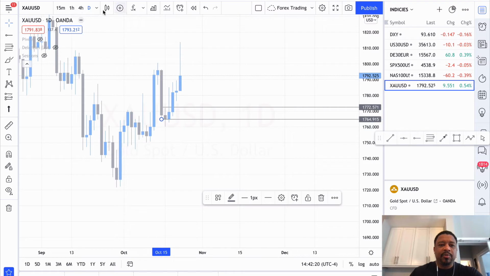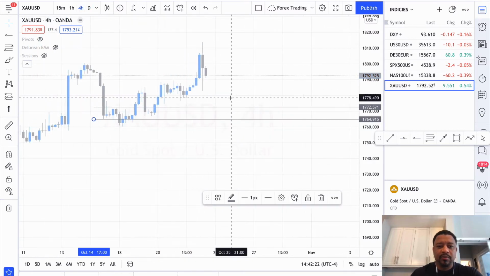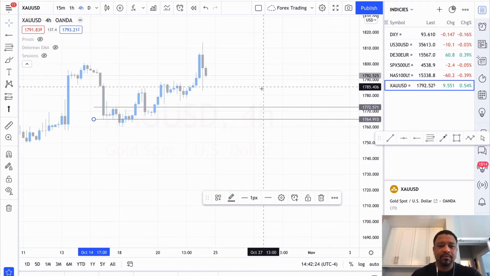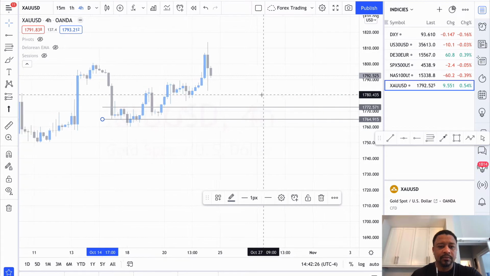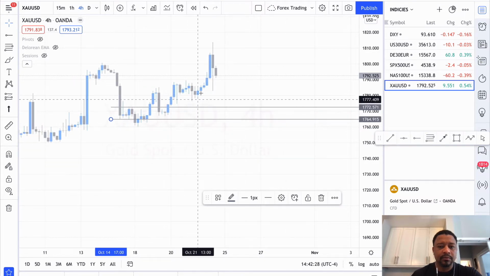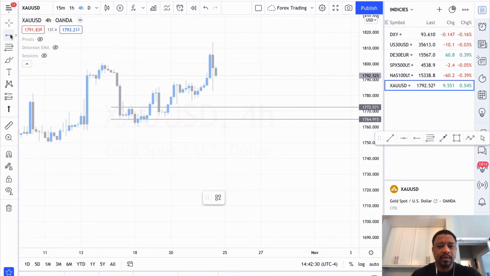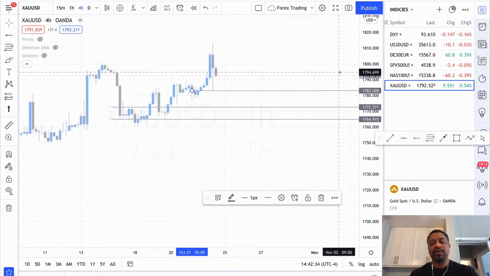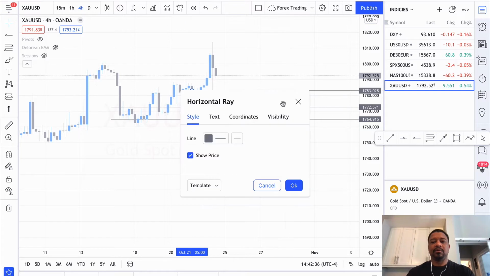See if gold wants to come back into these ranges before pushing back up. Or maybe into these ranges. So this is where I set an alert.